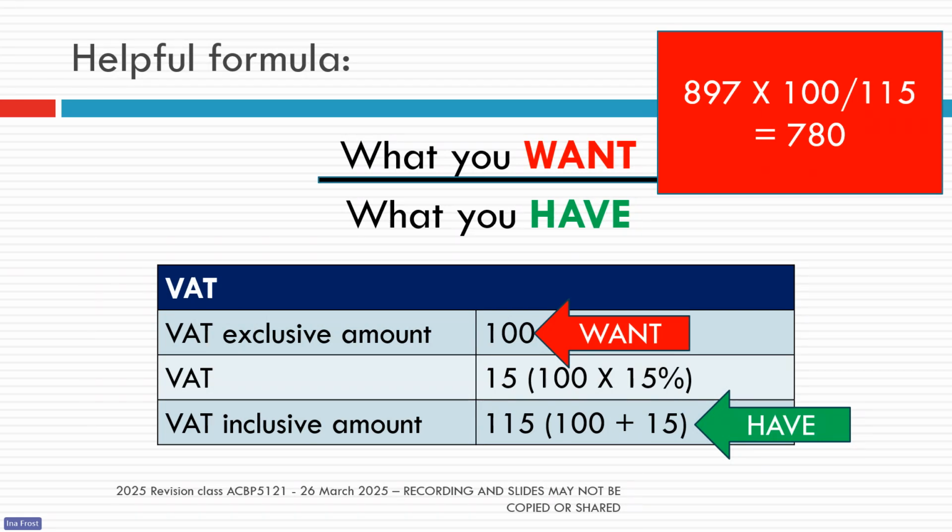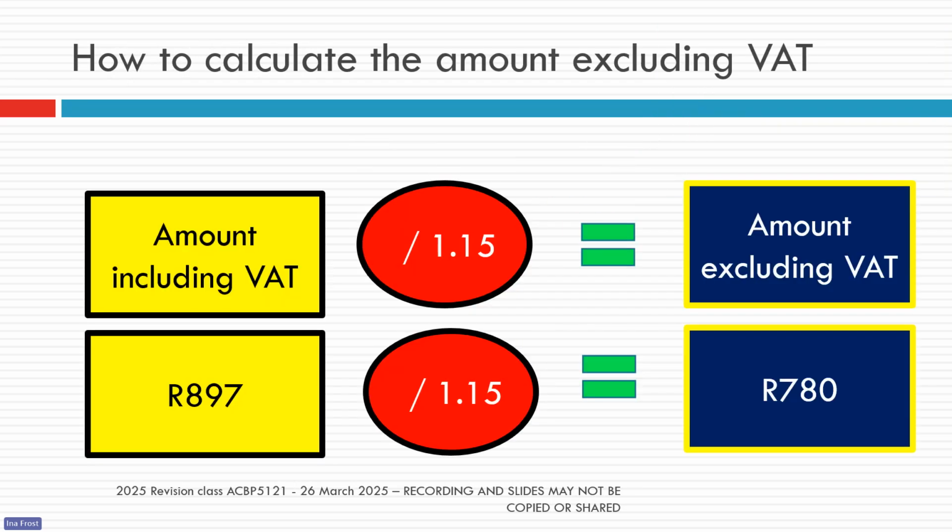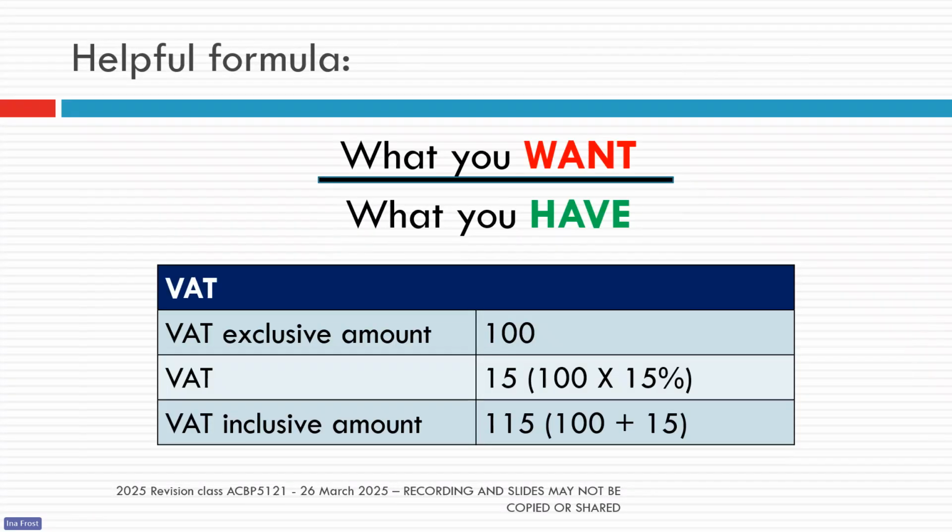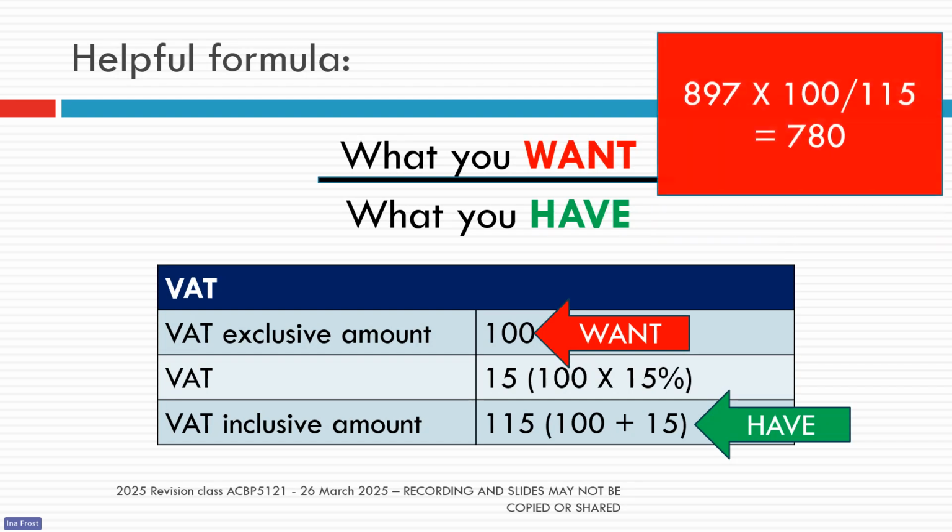That is another way to get to the 780. So you can either use the what you want over what you have technique, or just use the divide by 1.15 method. Either of these gives us the 780, so either formula will give you the correct answer.